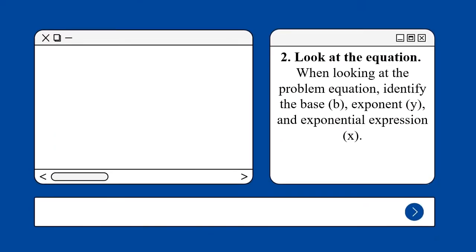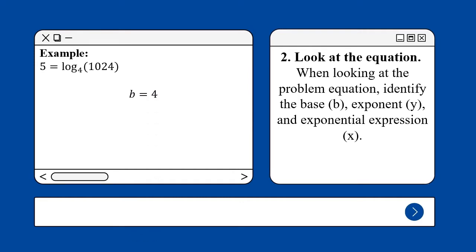Second, look at the equation. So let's have an example. 5 is equal to logarithm of 1024 base 4. Let's identify the value of the base, which is the b, the exponent, which is the y, and the exponential expression, which is the x. Base is equal to 4.